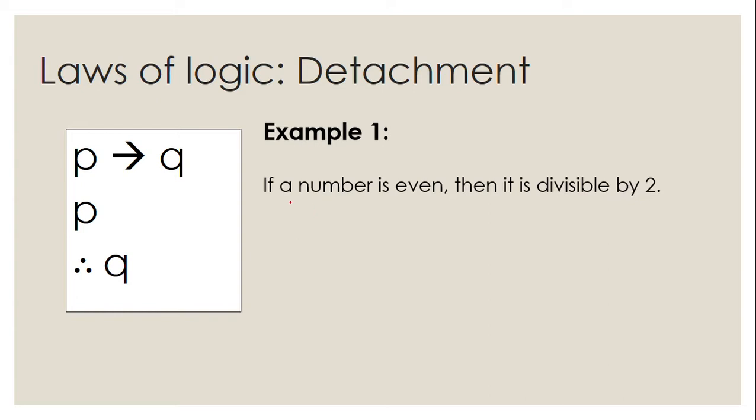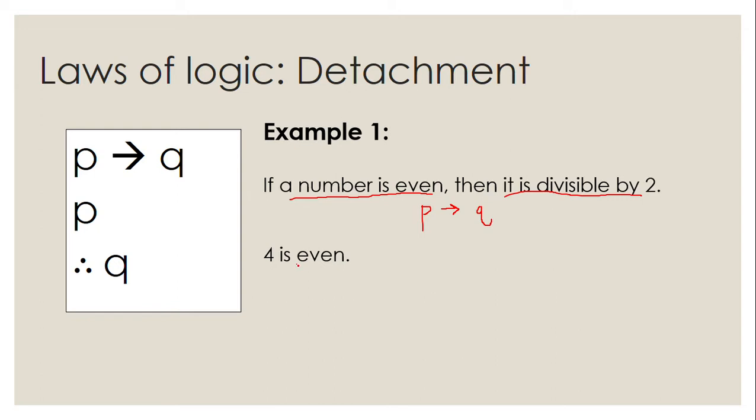If a number is even, then it is divisible by 2. They're saying this is a true statement. So, okay, a number is even, we'll call that P. Then it is divisible by 2. That's something new, so we're going to call it Q. And then they tell us 4 is even.